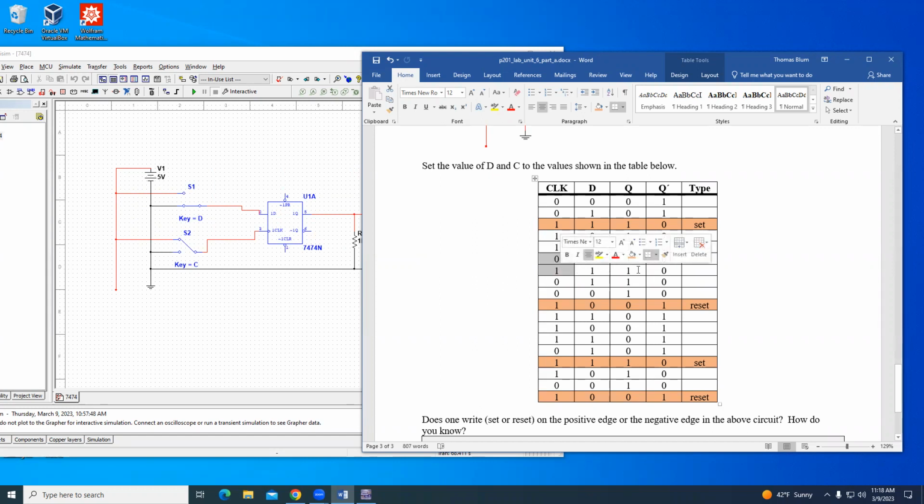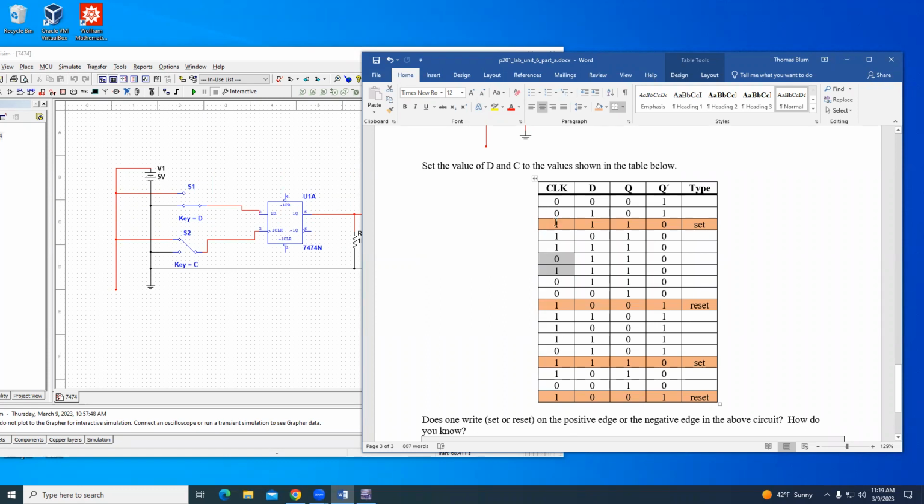And it is consistent because Q is equal to D. I happen to already have a 1, but that doesn't mean I can't write a 1 on top of it. So this would be consistent with a set. And do I have any other? That's my only other positive edge. Did anything happen on the negative edge? I guess we should ask for complete consistency.